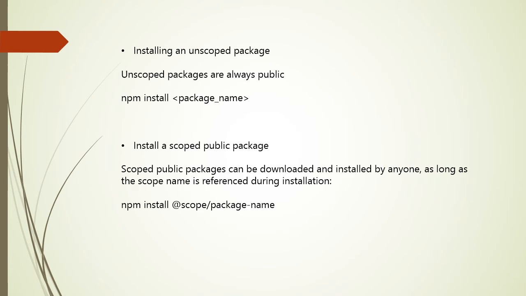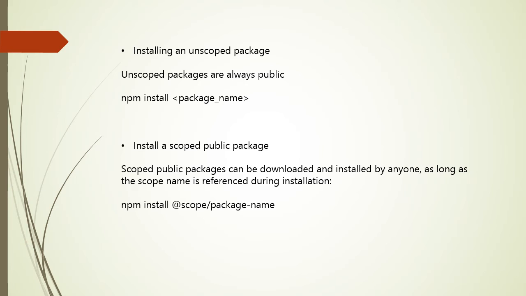Installing unscoped packages. Unscoped packages are always public, which means they can be searched for, downloaded and installed by anyone. To install a public package on the command line, run the command npm install package name. This will create a node_modules directory in your current directory if that does not exist, and it will download the package to that directory.